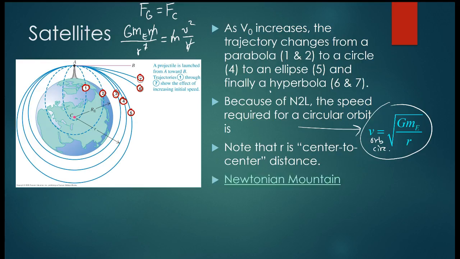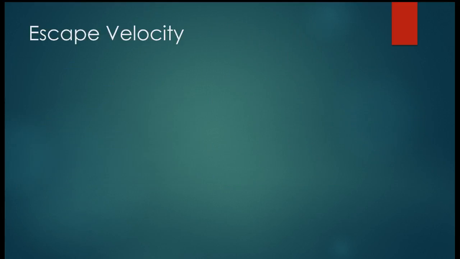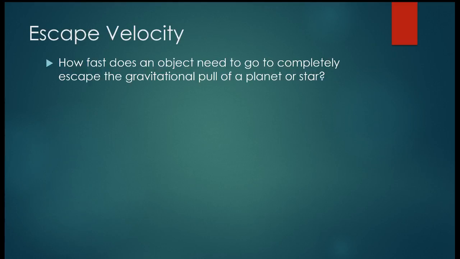All right, so in any case, we can also determine escape velocity, which is the boundary between having an elliptical orbit and a hyperbolic orbit. So how fast does the object need to go to completely escape the gravitational pull of a planet or star?